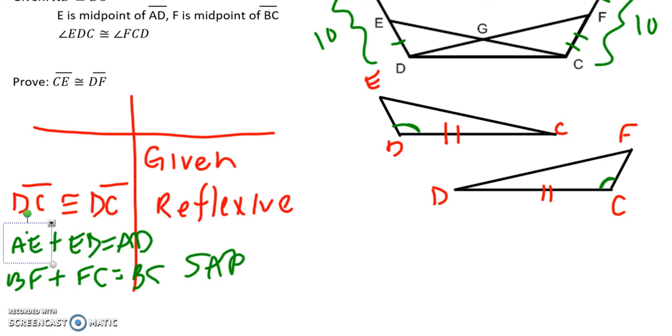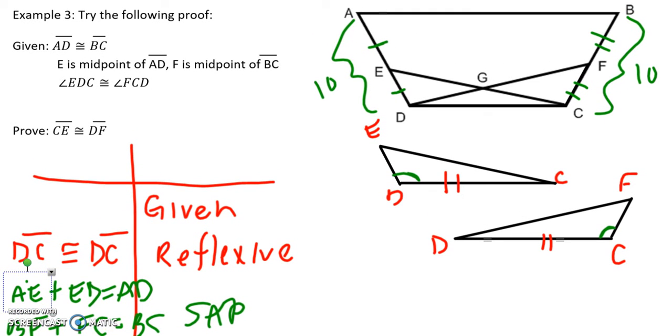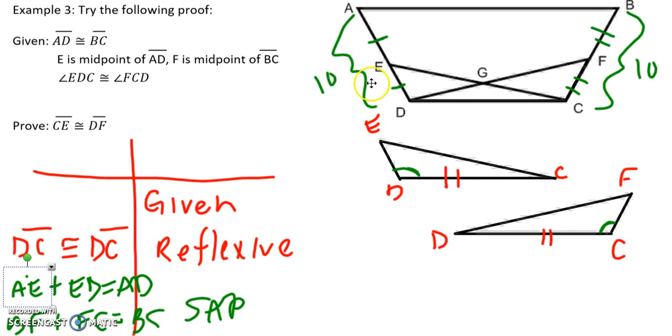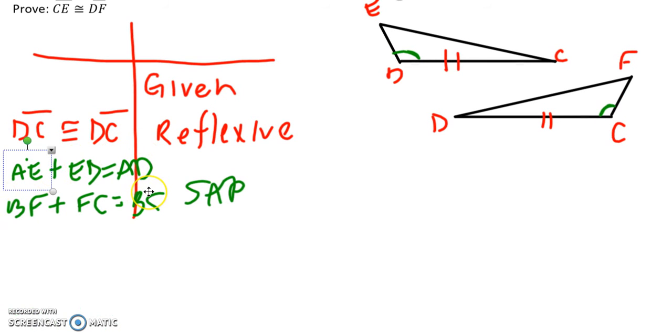So that's our segment addition postulate. Now what I have to do is get the fact that I need ED to be congruent to FC. And I know that AD is congruent to BC. So if I know that these are the same, then I'm going to set AE plus ED equal to BF plus FC. And that's all by substitution.